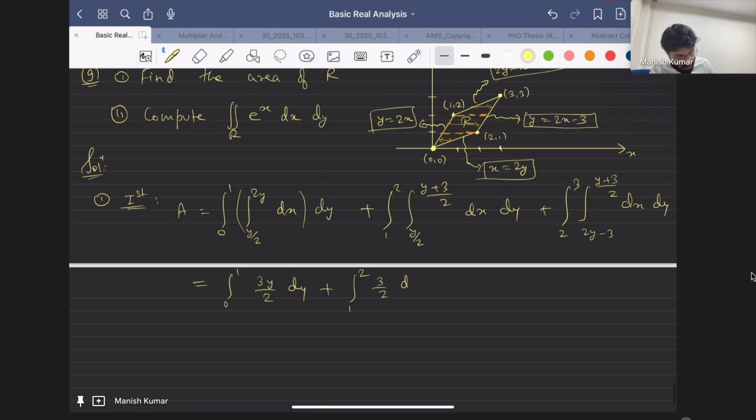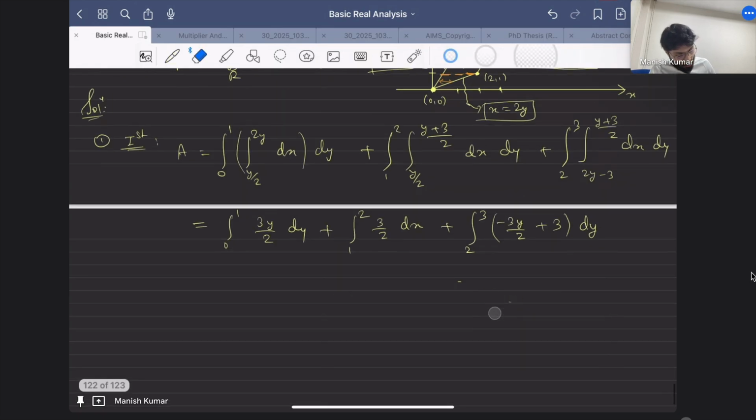What about the third one? (y plus 3) by 2 minus (2y minus 3), so it adds up: minus 3y by 2 plus 3 by 2 plus 6 by 2, dy.